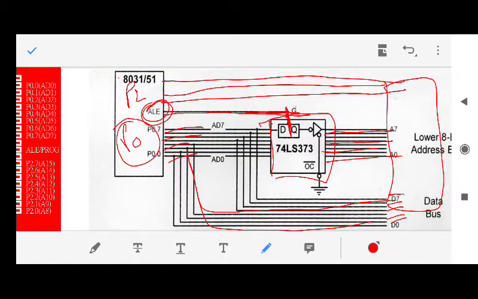Whenever the ALE pin of 8051 is 1, that means these are address, so this should be enabled and the address should go here. When it is 0, that means these are data, not address. So data should go from this path to this path, and the latch should be disabled because it is 0. The address won't go there because these are data.